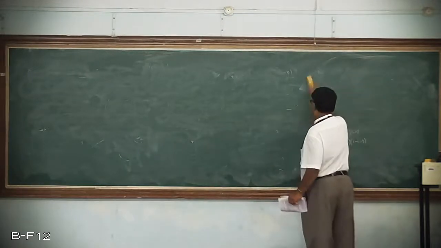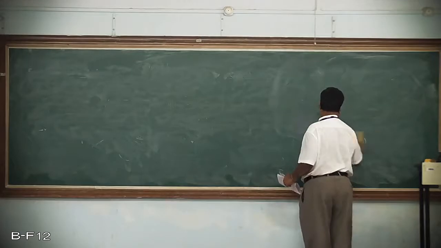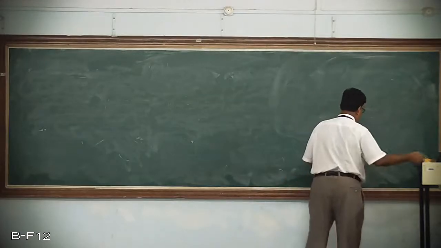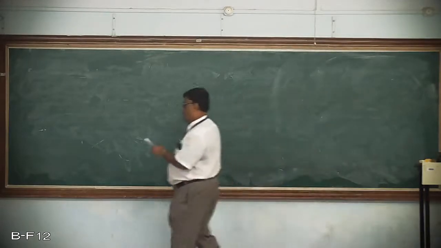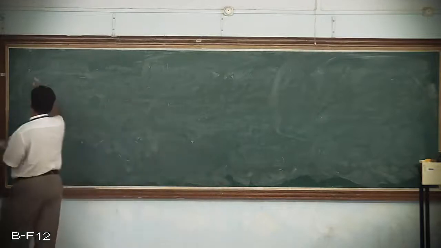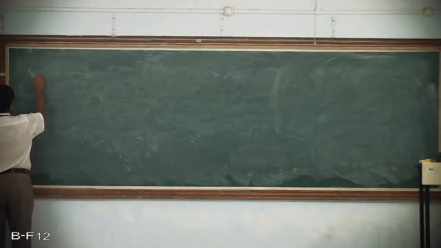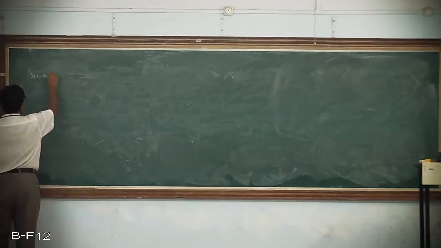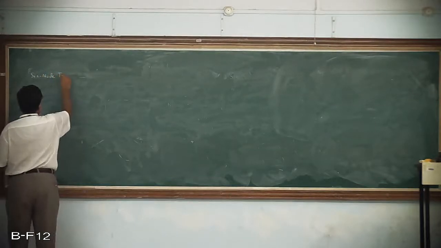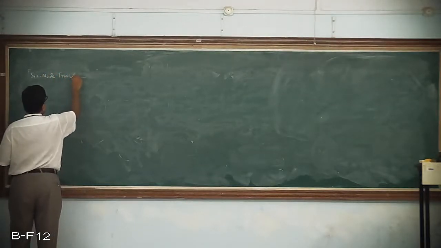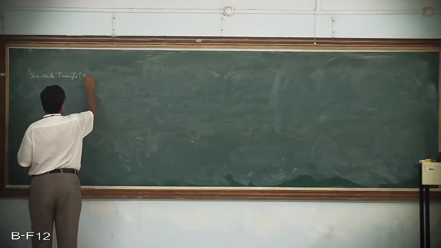And quickly let us come to the last, which is called the 6-noded triangle, or quadratic triangle.